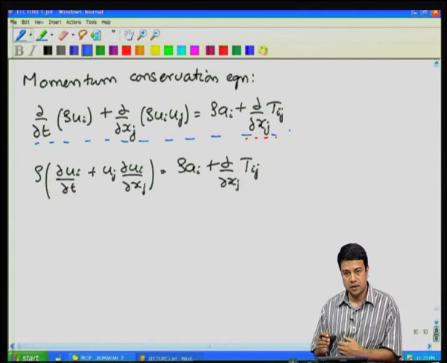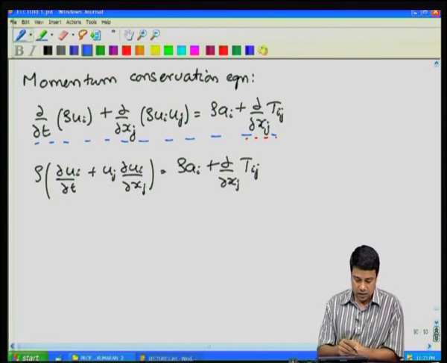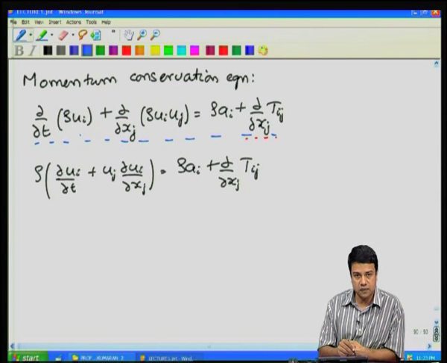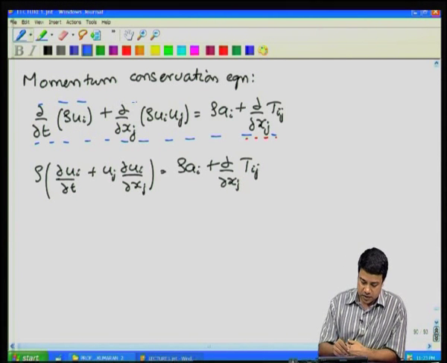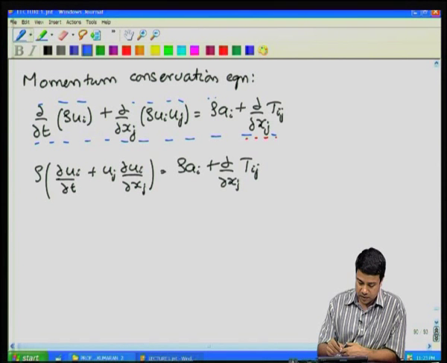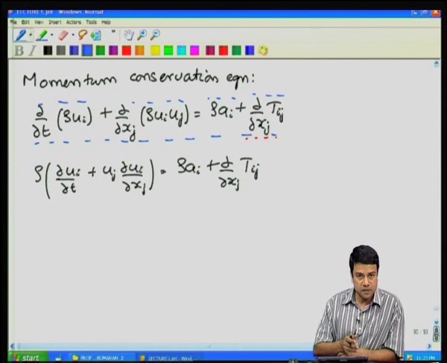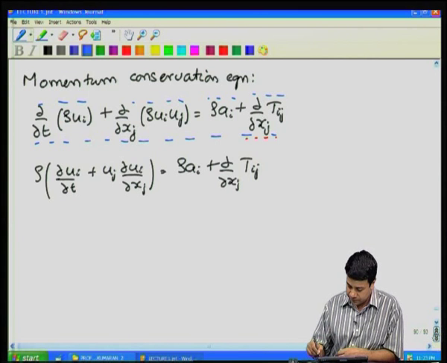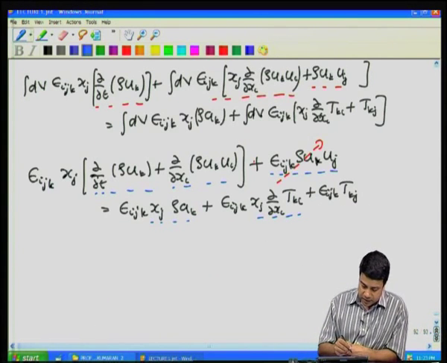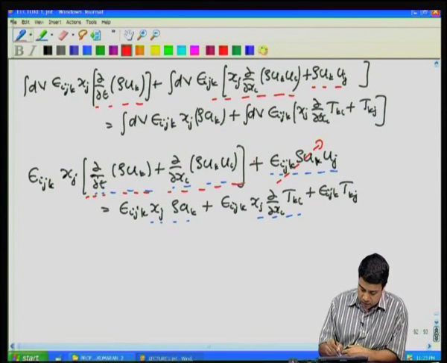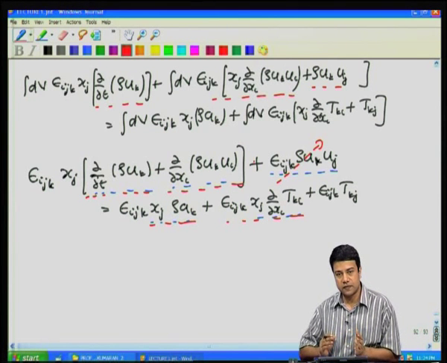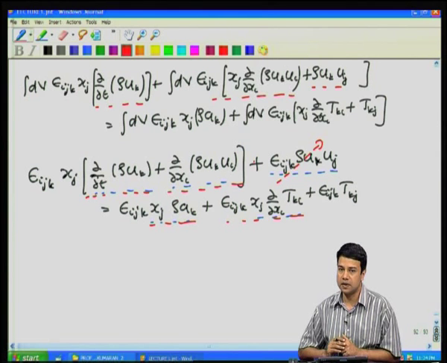I have epsilon_ijk x_j times ∂/∂t of (rho u_k) plus ∂/∂x_j of (rho u_k u_j) equals rho a_k plus the divergence of the stress. Okay. These 4 terms are equal to each other, the left hand side and the right hand side are equal. So, which means that these 4 terms on the left and the right hand sides, 1, 2, 3 and 4, have to be equal. The left and the right hand side with just these 4 terms has to be equal.